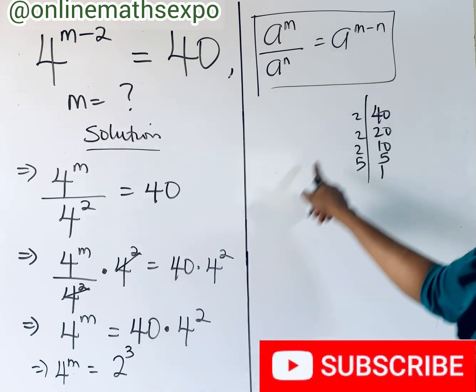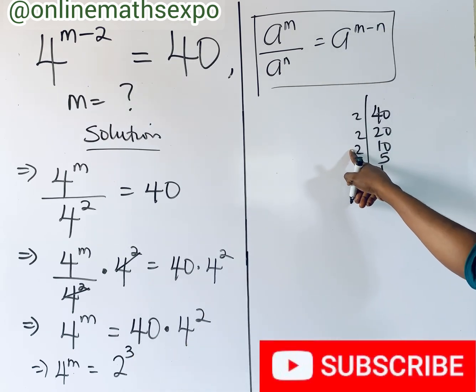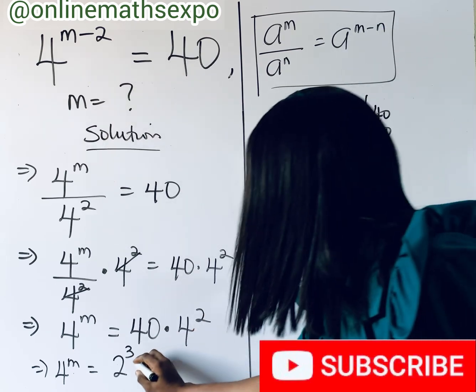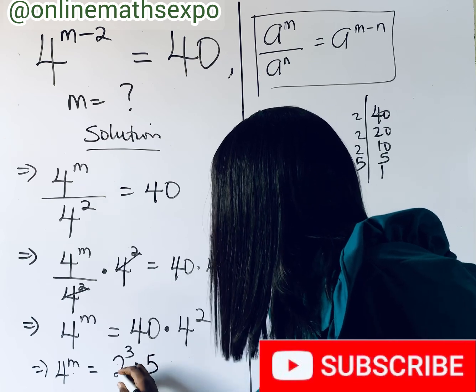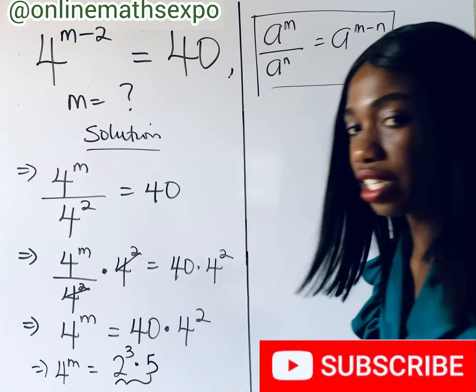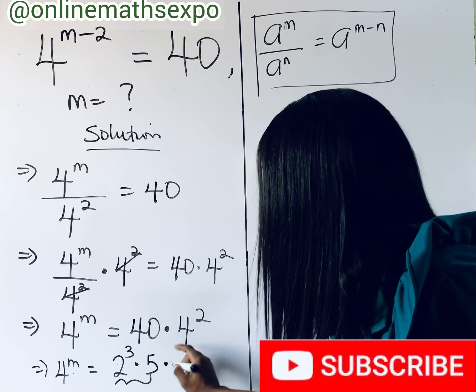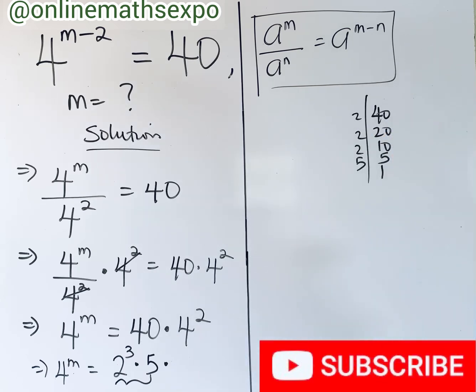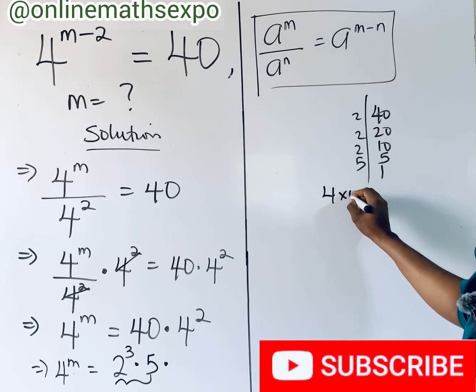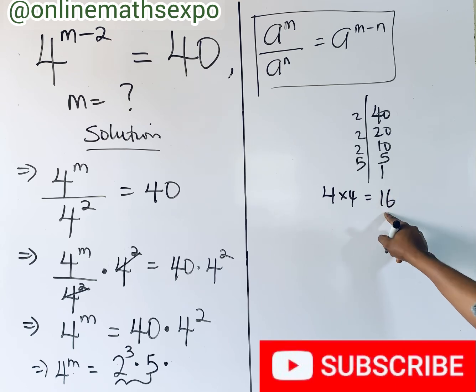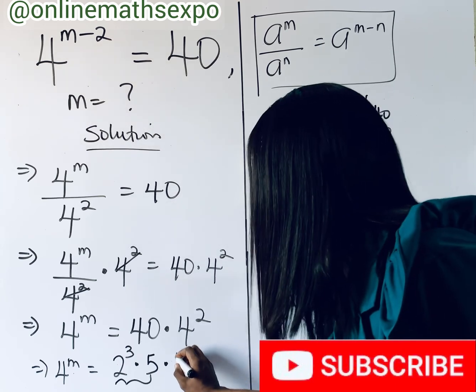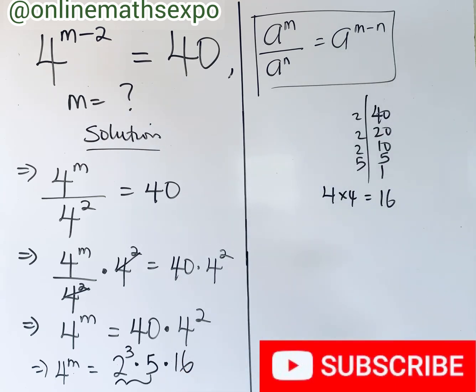This 3 shows you how many times it appears, okay? Then multiply it by 5. If you multiply this, this will give you 40. Then multiplied by 4 to the power of 2 means 4 multiplied 2 times, which will give us 16. Did you see that? So we're going to have 16. I hope you're with me there.